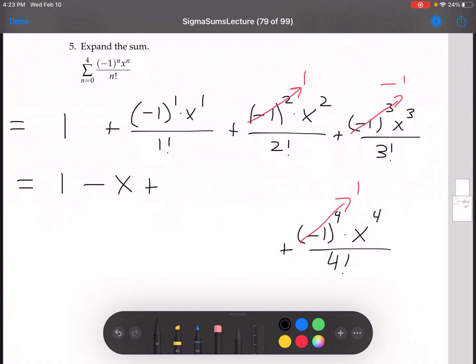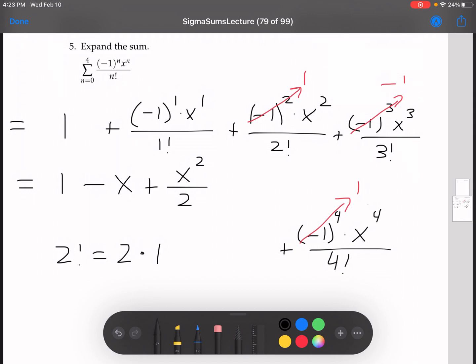Okay, so now adding this third term, we've got x squared over 2 factorial. 2 factorial is 2 times 1. Okay, so 2 times 1, that's 2. So that's that right there.